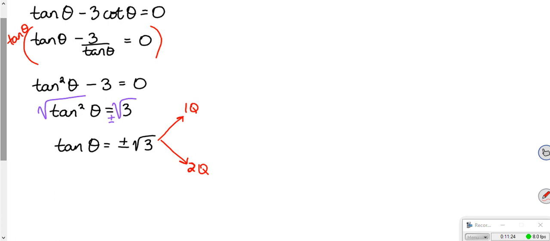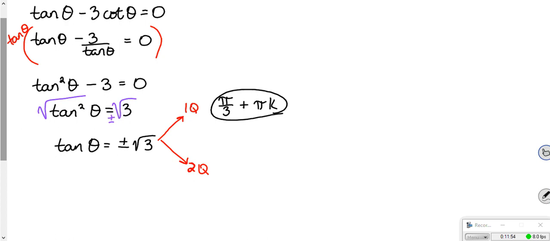Now, first quadrant. If you look at your unit circle, this gives you in the first quadrant pi over 3. And instead of plus 2 pi k, remember the period for your tangent function is just 1 pi. So it would just be plus pi k, not 2 pi k, because it's tangent.